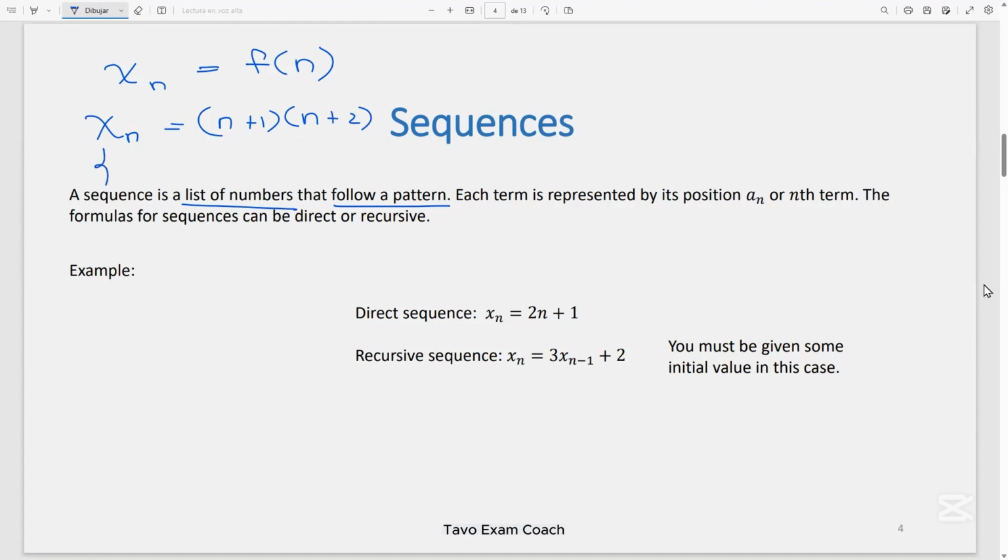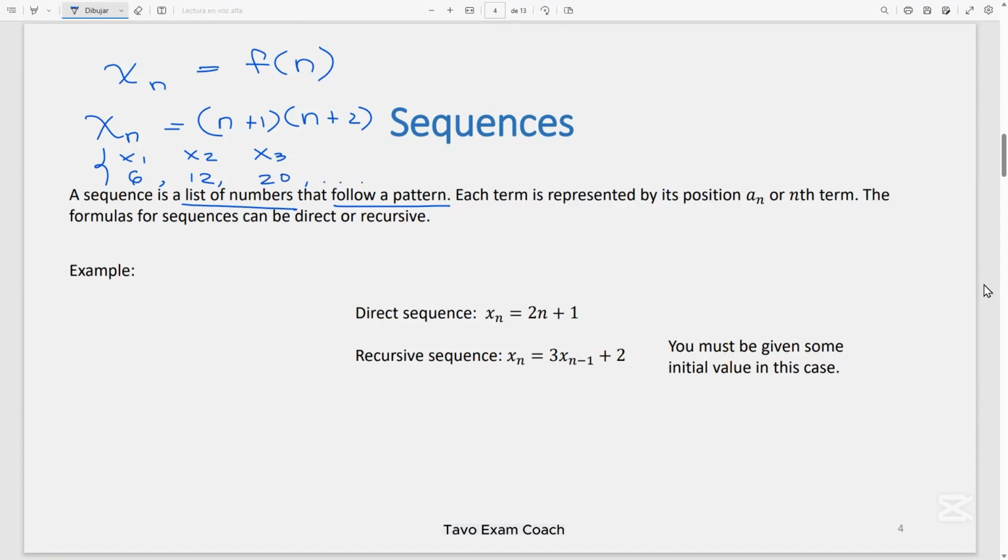The first term, or x1, would be 1 plus 1 times 1 plus 2, in other words, 2 times 3, or 6. The second term would be 2 plus 1 times 2 plus 2, in other words, 3 times 4, or 12. The third term would be 3 plus 1 times 3 plus 2, that is 4 times 5, or 20, and so on.